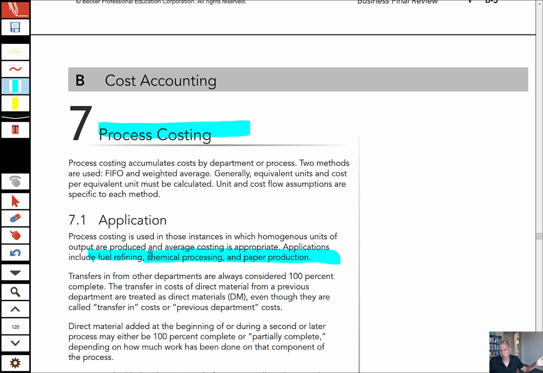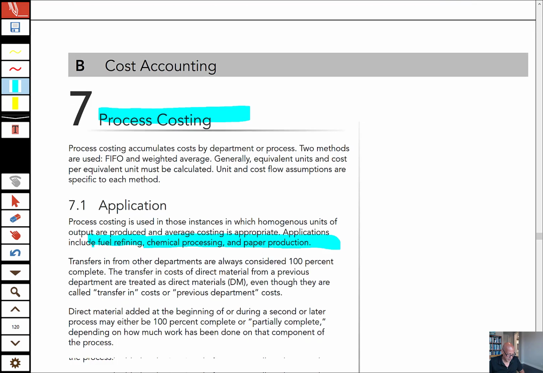They're homogeneous. Now you say, well, wait a minute, what if we have high octane fuel versus low octane fuel? Those are different. Well, that's going to be a different batch. But each item that comes out of a batch that we're processing of a certain product is going to be homogeneous. So we call that process costing.